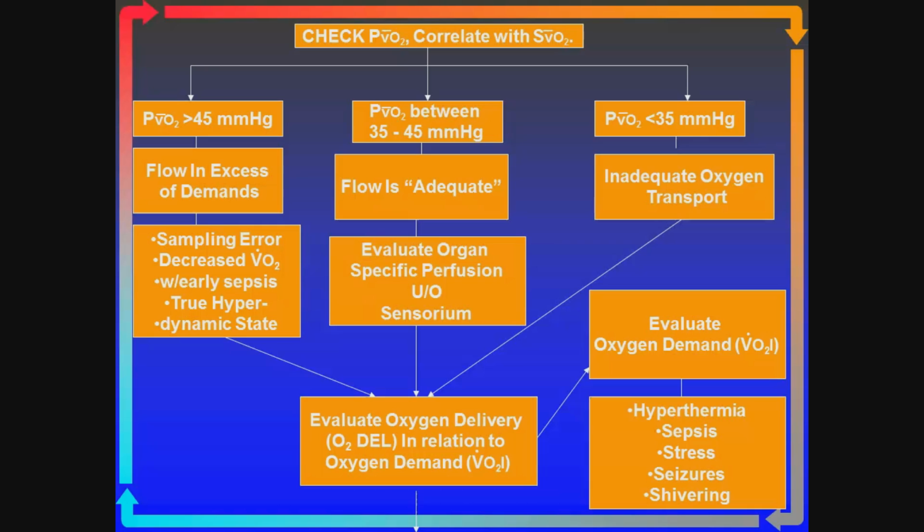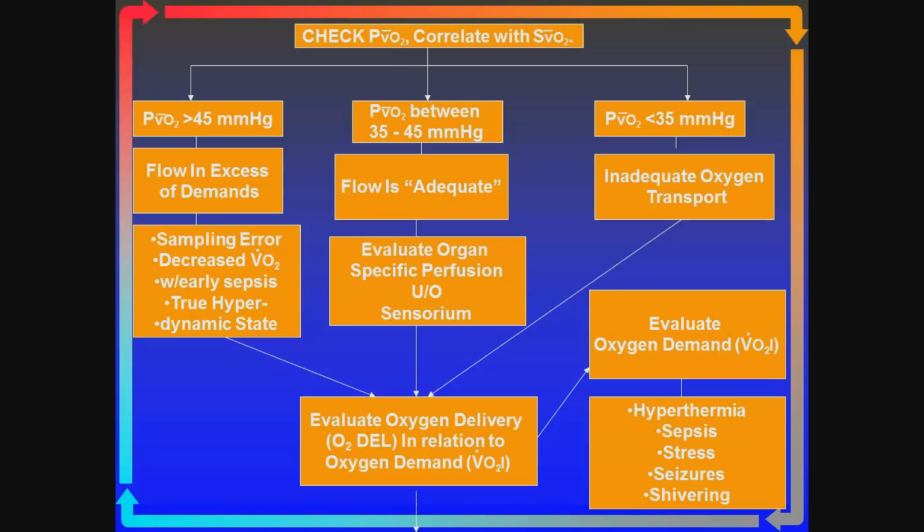You want to see a good situation there. If this PVO2 is elevated, that means that I have flow in excess of demands. So either demand has gone down, or supply is in an excessive state, what we're going to call a true hyperdynamic state.